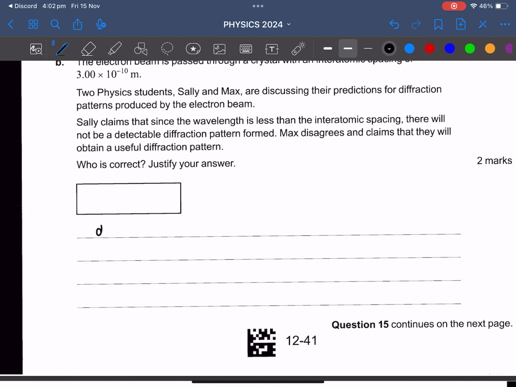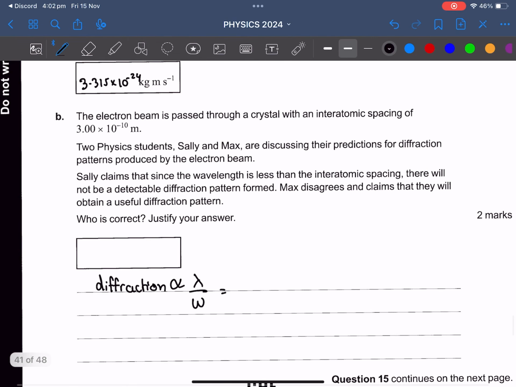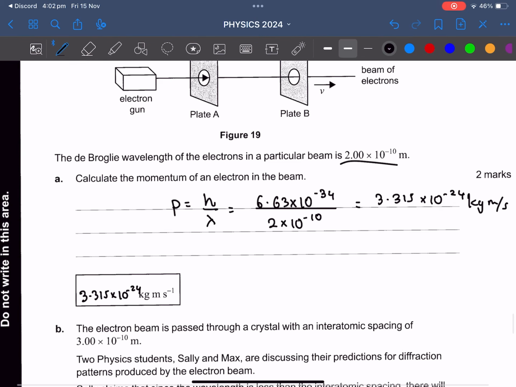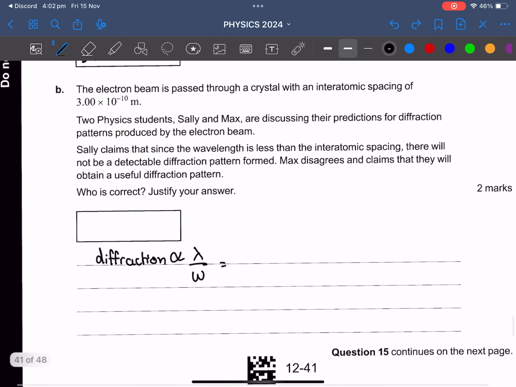If you remember, diffraction is proportional to lambda over w, where lambda is the de Broglie wavelength and w is the interatomic spacing. So it will be 2 times 10 to the negative 10 divided by 3 times 10 to the negative 10.